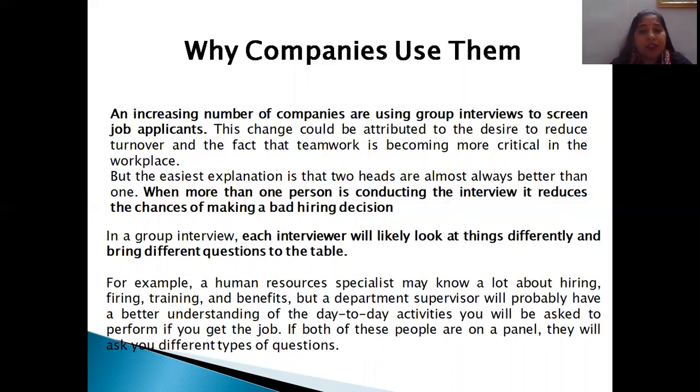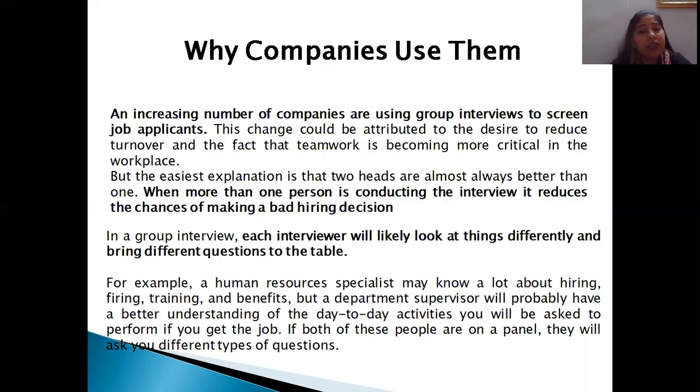But the easiest explanation is that when more than one interviewer is assessing a candidate, it's always going to be a better decision. Because if one interviewer fails to comprehend what kind of candidate is sitting in front of them, the other one will definitely take it into account. So yes, it is going to be better decision making when we go for group interviews.